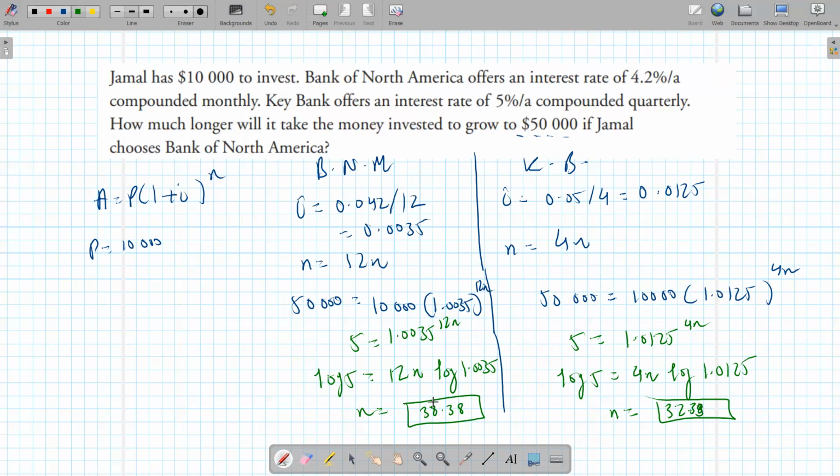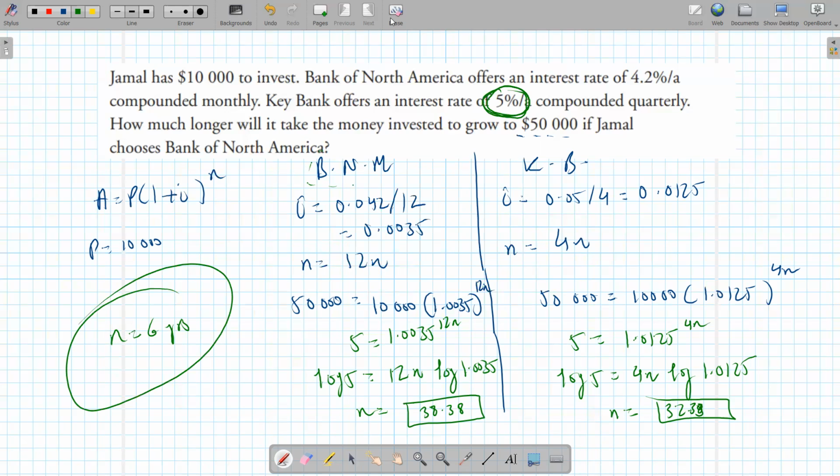It says how much longer? You just subtract. So it's going to be about 6 years. If you invest in B&M, it's going to take an extra 6 years, because KeyBank has a higher interest rate, you see?